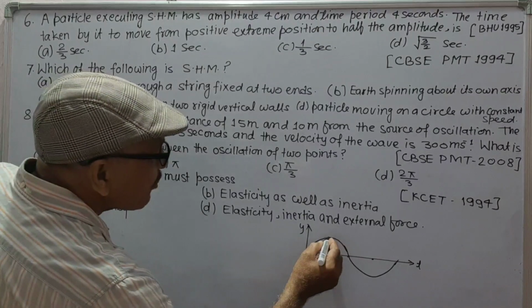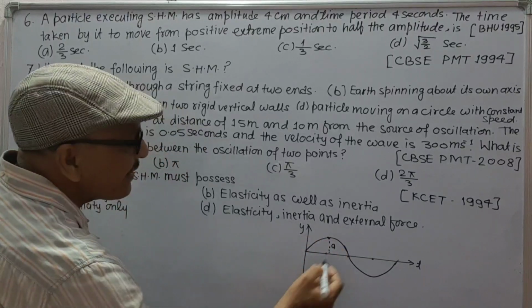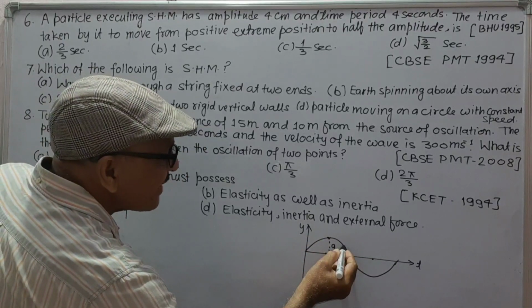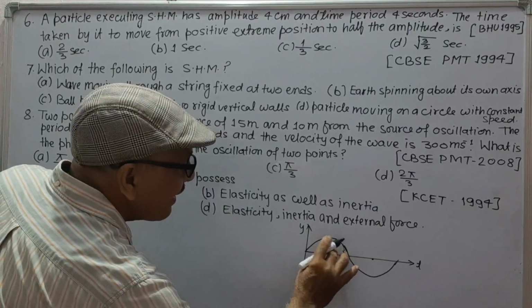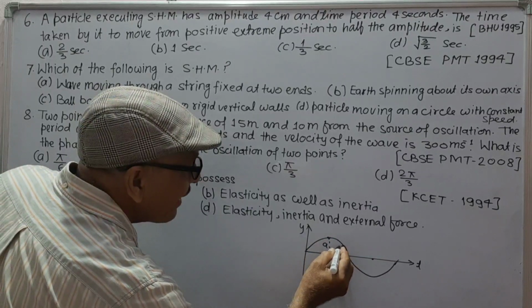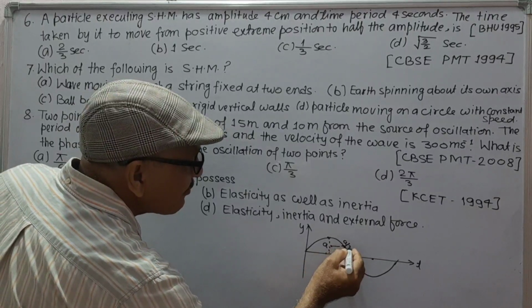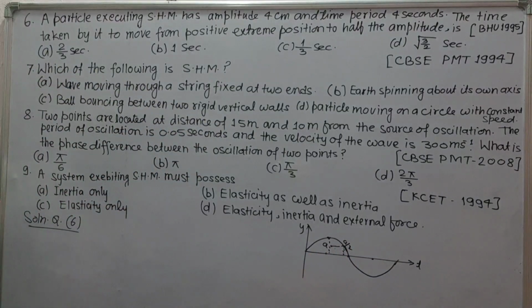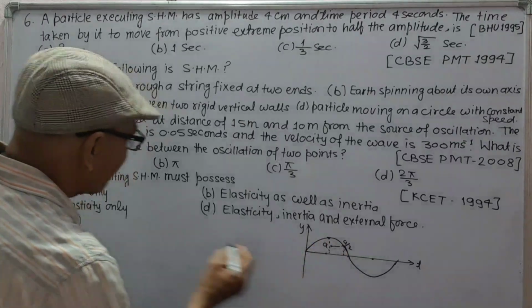This is positive extreme position where amplitude is A, and time taken from here to here where displacement becomes A by 2. We have to find time taken from this point to this point.